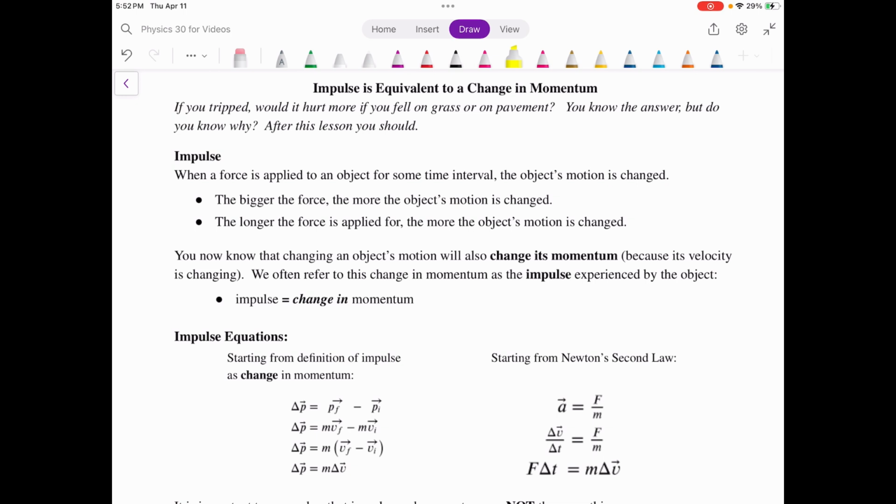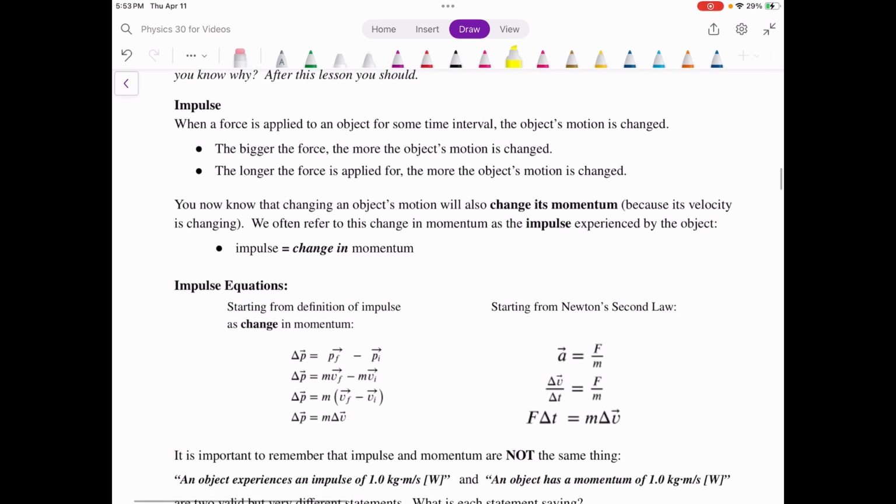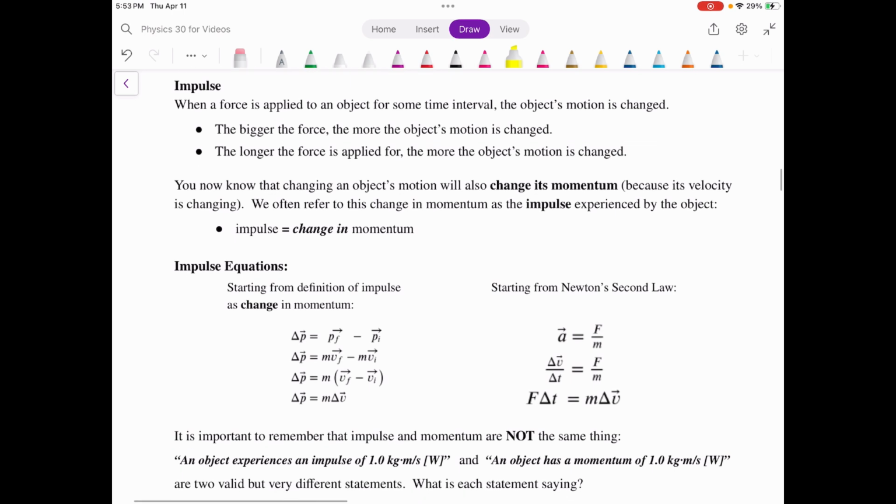After this lesson, we should know. Answers like it's softer are easy to come up with, right? But from an actual physics standpoint, what's going on there? I mean, what does it even mean for something to be softer? Why does that hurt less? In both, you fell, right? So what's the difference? Okay, so keep that in the back of your mind and see if you can come up with an answer.